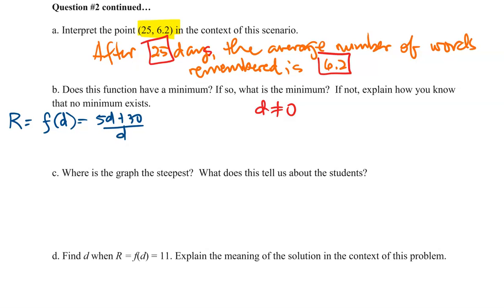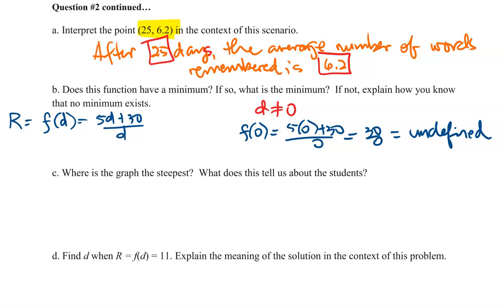Because when we substitute 0 here, let's try, 5 times 0 plus 30 over 0. 5 times 0 is 0. 30 over 0 is undefined. So that's why d must be greater than 0.